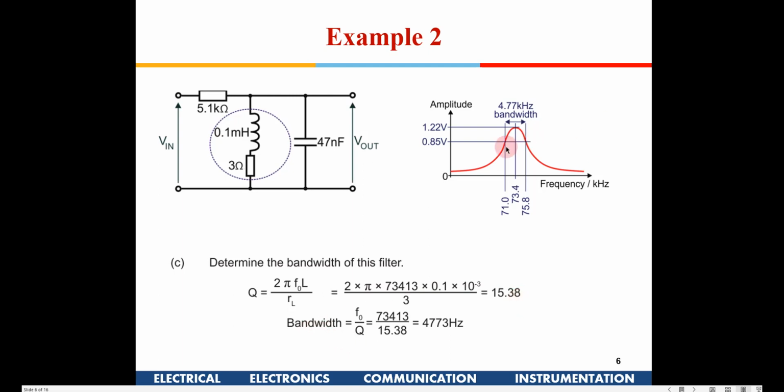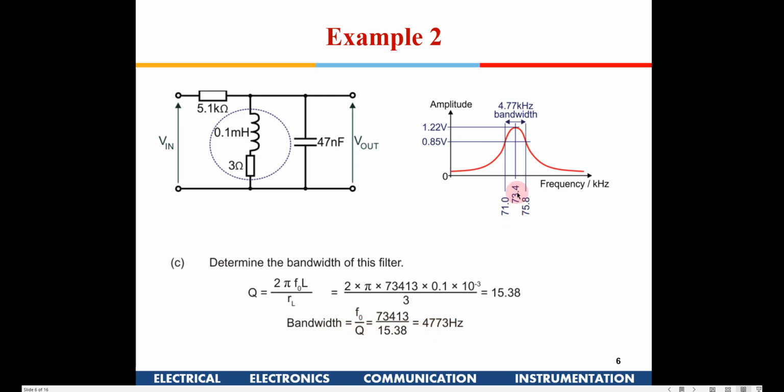And the bandwidth is between the 3 dB points. If it is amplitude, then it is 1 by root 2 times these values, or if it is power, they are known as the half power points. So if you divide F0 by Q, you will get the bandwidth, 4773.